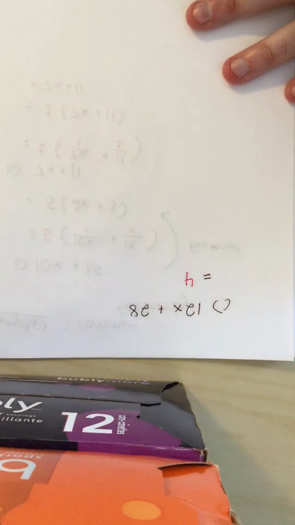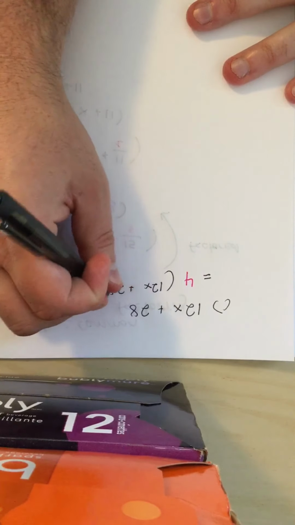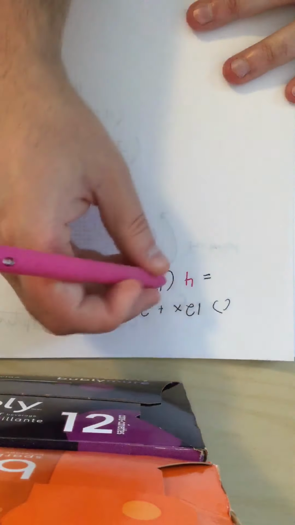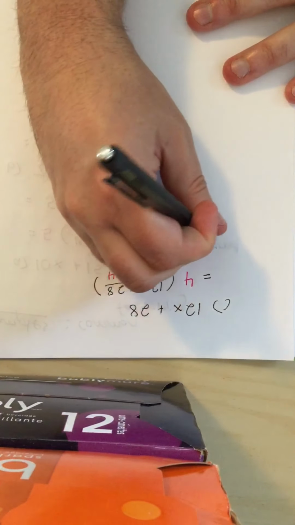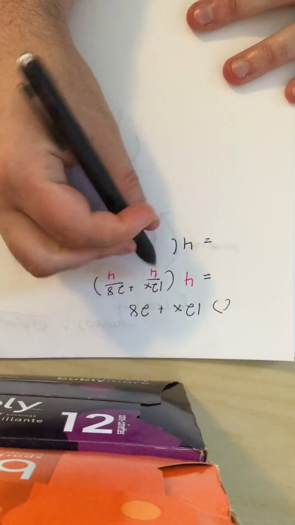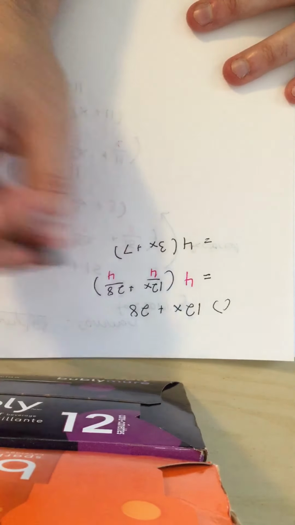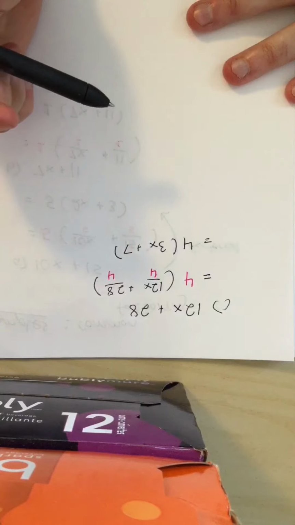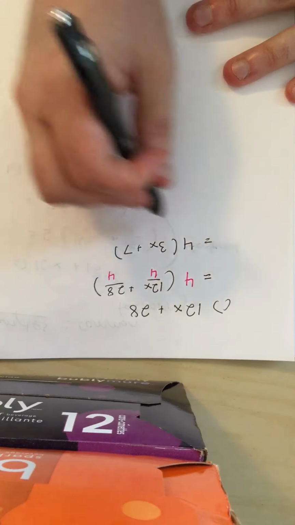So we pull out a 4, and we divide each term by the thing that we've pulled out. And so we get 4 times 3x plus 7, since 12 divided by 4 is 3, and 28 divided by 4 is 7. So that would be pulling out the greatest common factor.